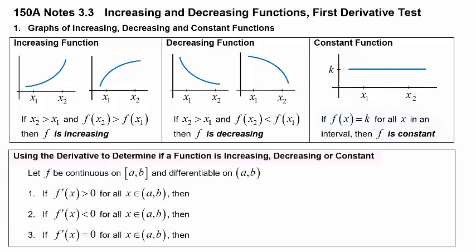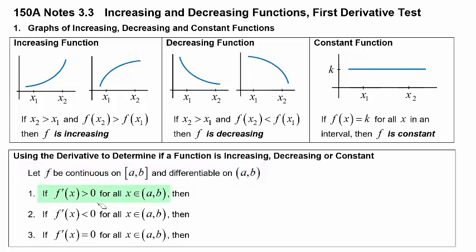Next, we learn about using the derivative to determine if a function is increasing, decreasing, or constant. Let f be continuous on the closed interval from a to b and differentiable on the open interval from a to b.